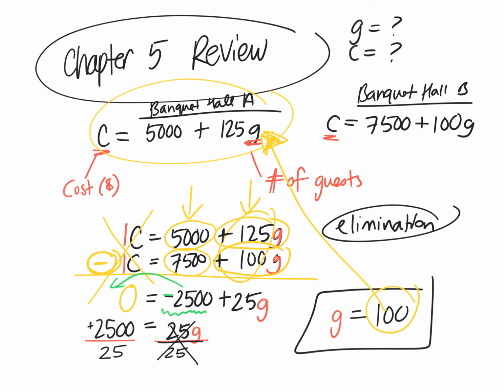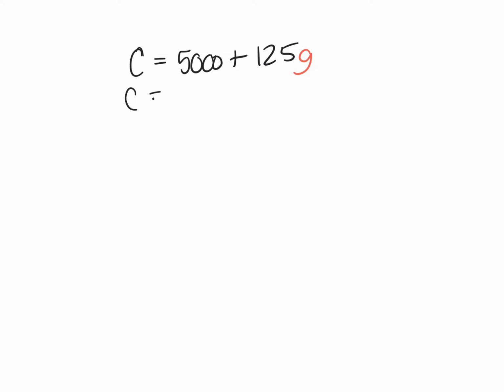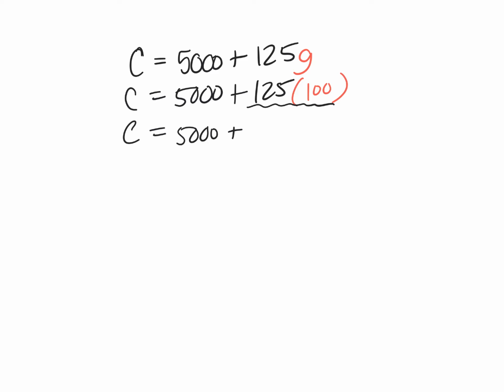When you have 100 guests, the cost will be the same. Okay, so plug it in and calculate C. So you're just replacing G with the answer we just got, which is 100, and you're finding out what C is equal to. So, 125 times 100 equals 12,500 plus the 5,000. What do we get?